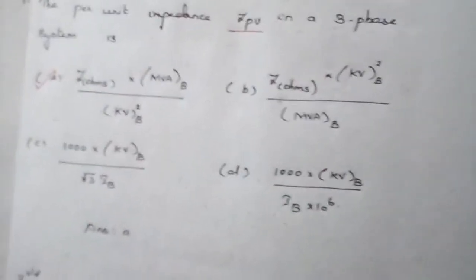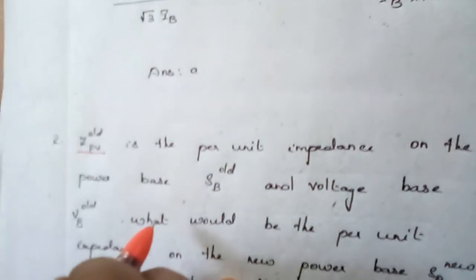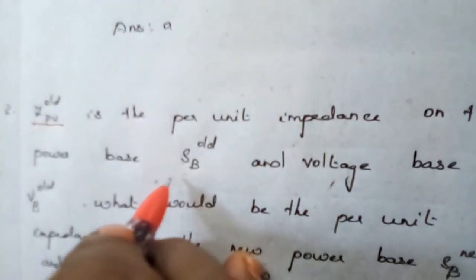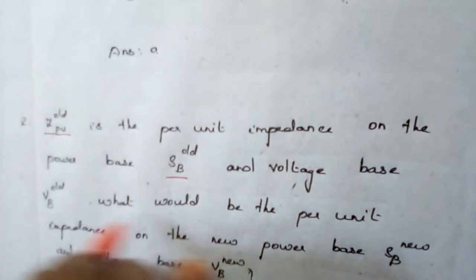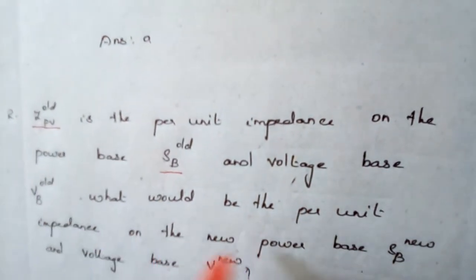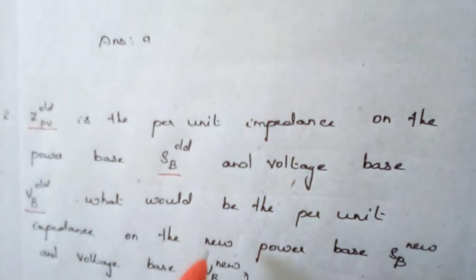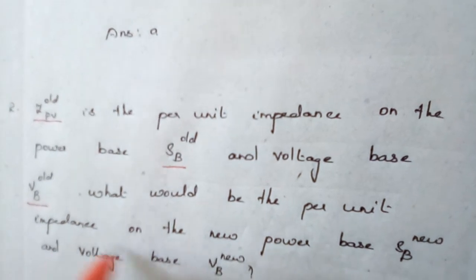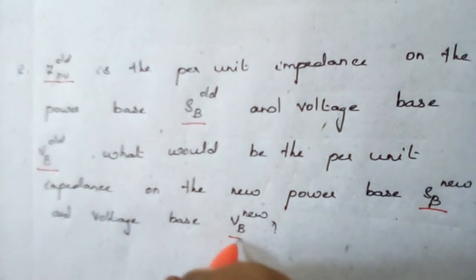Similarly, next: S per volt is the per unit impedance on the power base. So this is the per unit impedance, the power base is S volt, and the voltage base is VB volt. What would be the per unit impedance on the new power base of SB new and VB new?